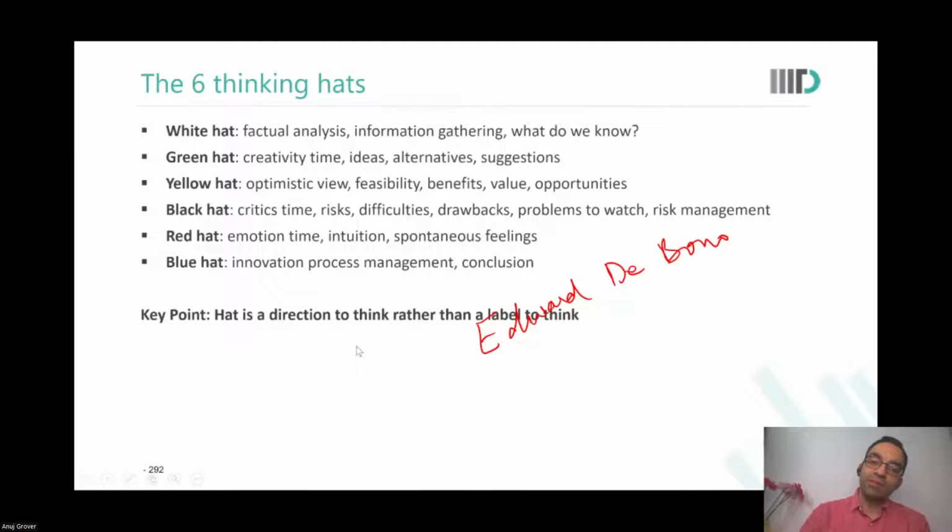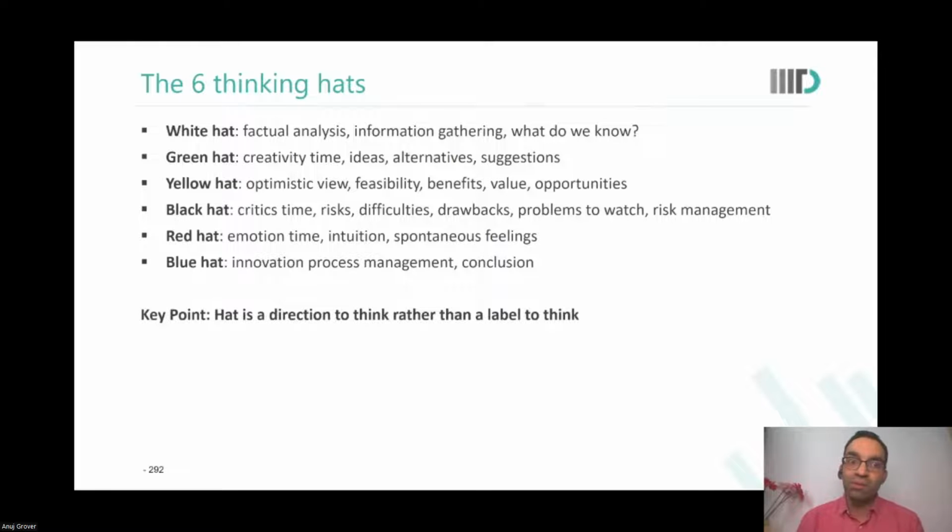Another important thing is it is a direction to think. When I say emotions, you think about your feelings. It is not that you say, okay, now I have to think red. No, the colors are symbolic. White is pure, simple facts. No emotions mixed yet. Green is fertile, creativity.